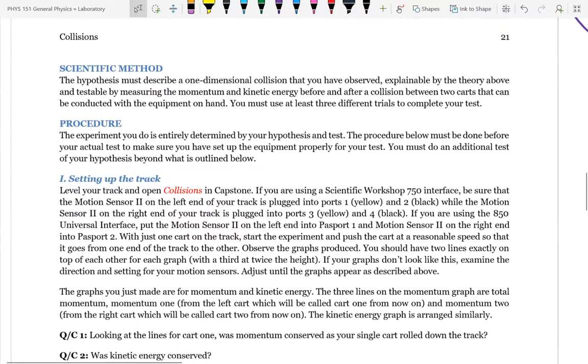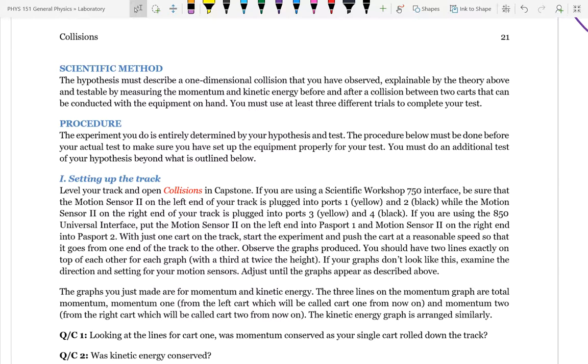Okay, for today's experiment, you need to have an observation that deals with a one-dimensional collision. One-dimensional means straight line. So it wouldn't be me running along and hitting Irving, and Irving goes off at an angle and I go off at an angle. That's two-dimensional. It needs to be a straight line. Then you're going to explain something about that collision using elastic or inelastic collisions. So you say, this collision is elastic because of this.